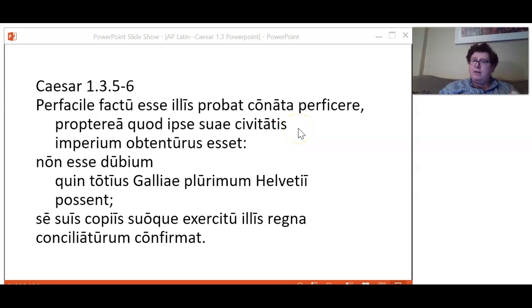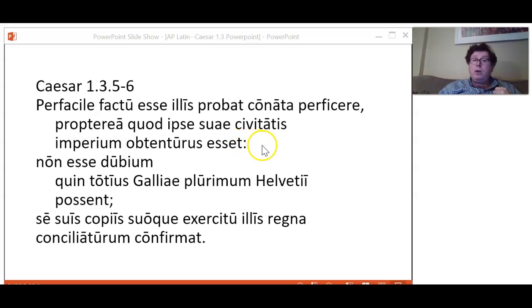Now I want to say something about this word propterea. You probably don't like propterea, but you know how sometimes it's not clear whether quod is a conjunction or a relative pronoun? When you have propterea in front of it, it just says, hey folks, this is a conjunction we're dealing with. It just means because. You don't really have to translate propterea on its own. Just translate quod as because.